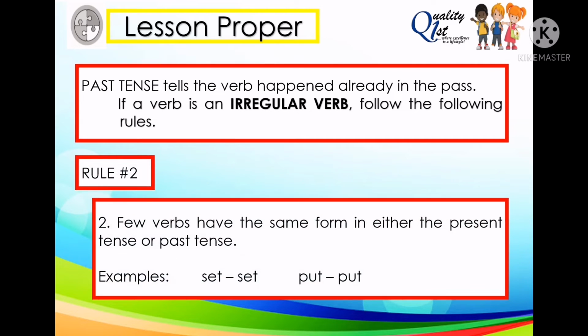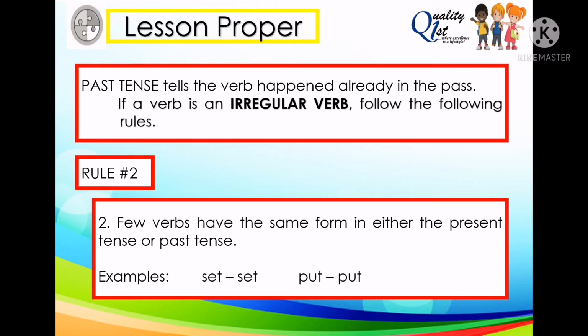Now, let's have rule number 2. Few verbs have the same form in either the present tense or past tense. Okay? Now, examples. We have set. It's the same with set in its past tense. The same with put.